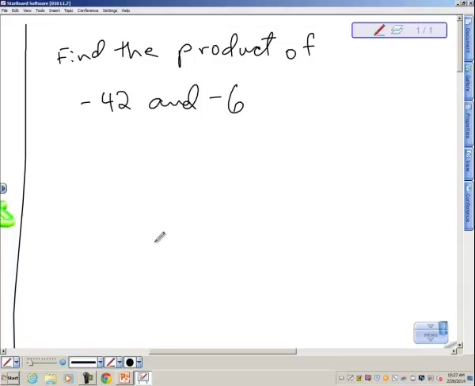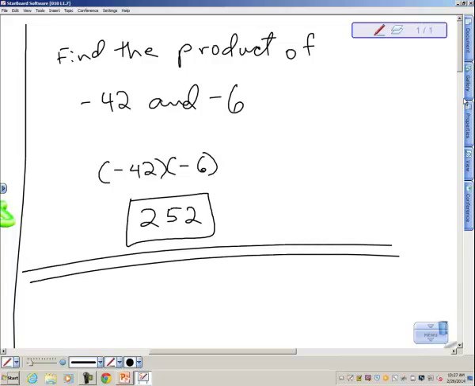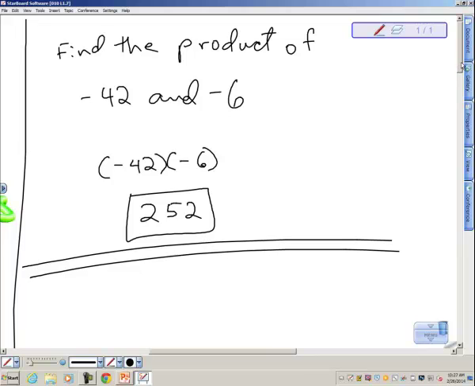What operation are we doing? Adding, subtracting? We're multiplying, right? So this would be negative 42 times negative 6. Negative times negative is a positive, and we get positive 252. So the key here was that product means to multiply. Questions with that?